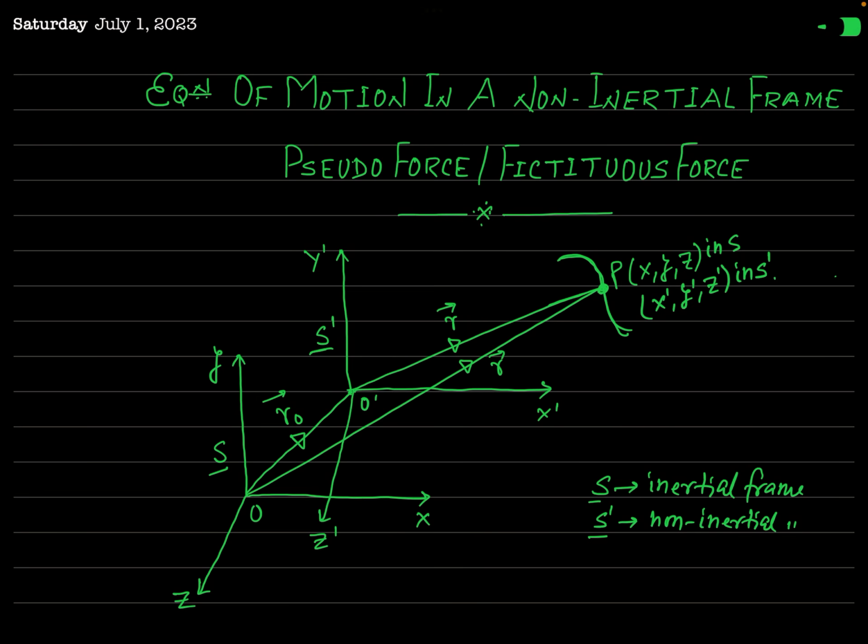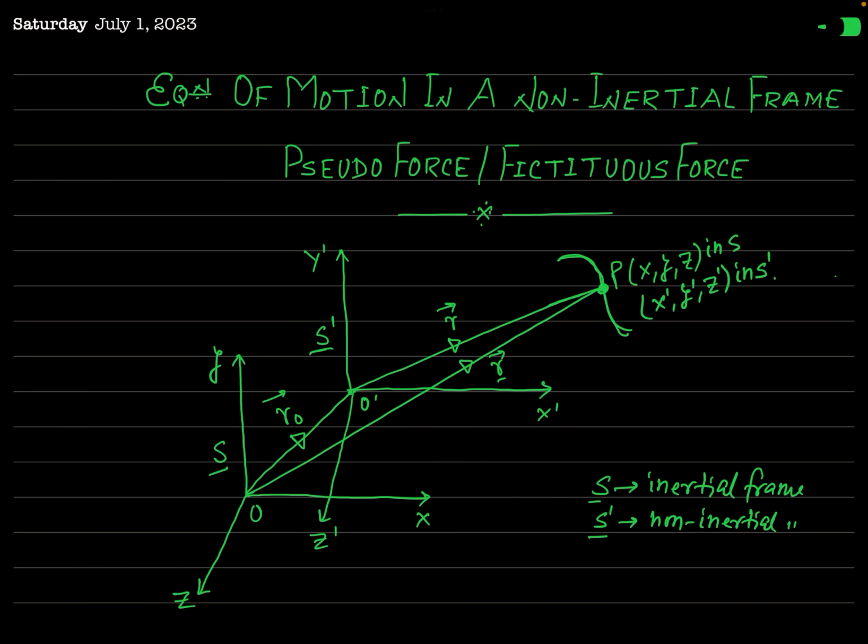Now I have specified some specifications here. If you join the origin O of the coordinate system S to the position of the particle, then this line OP represents the position vector of the particle at time t, and the position coordinates of this point P in frame S I have marked here by x, y, z.